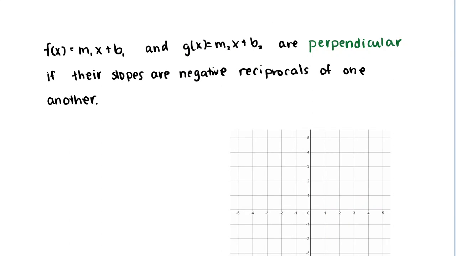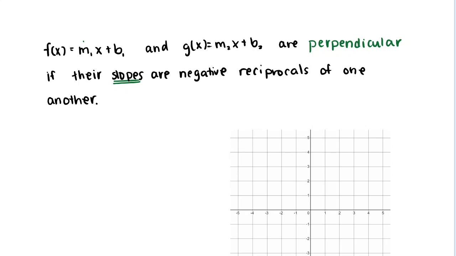So if I have some linear function, f of x equals m1x plus b1, and another linear function, g of x equals m2x plus b2, where m1 and b1 are just some slope and vertical intercept, and m2 and b2 are a different slope and vertical intercept, these two lines are perpendicular if their slopes are negative reciprocals of one another.